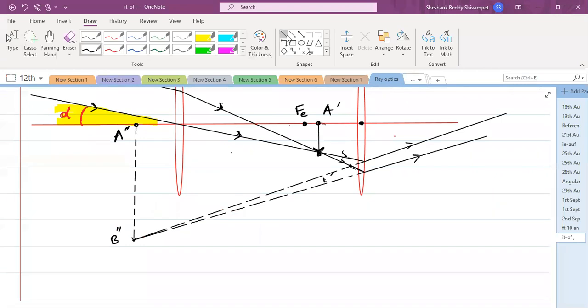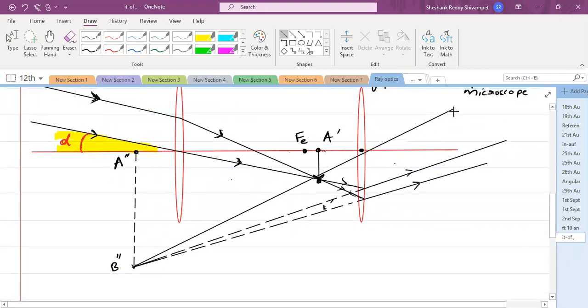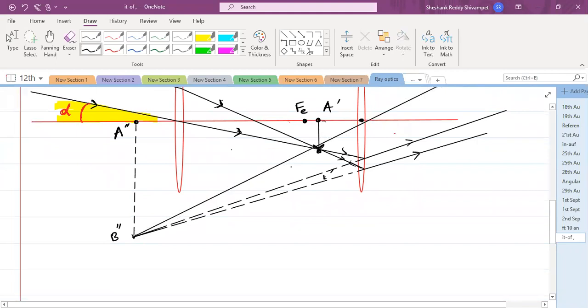If I draw a ray diagram, ऐसे मान लो, it will have been something like this, okay? Just imagine. ठीक है?